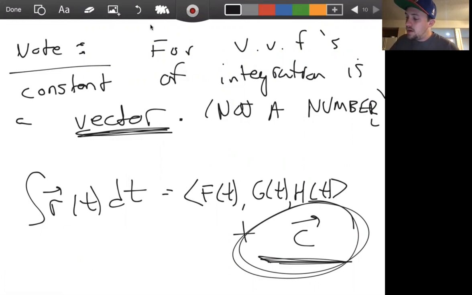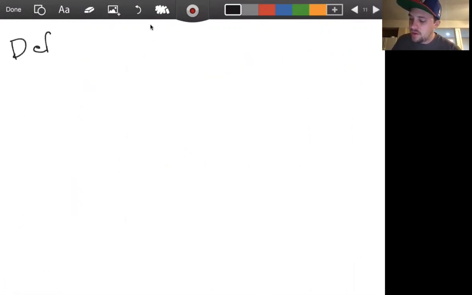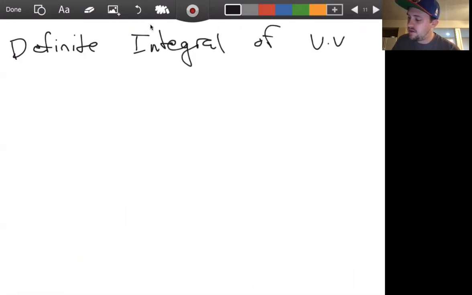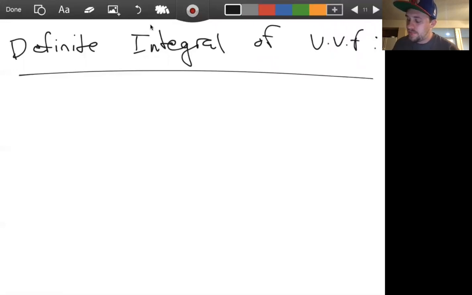And lastly, we can talk about the definite integral of a vector valued function. Okay. And now the definite integral means we're taking the integral over some interval, right? The integral from a to b of r of t dt.